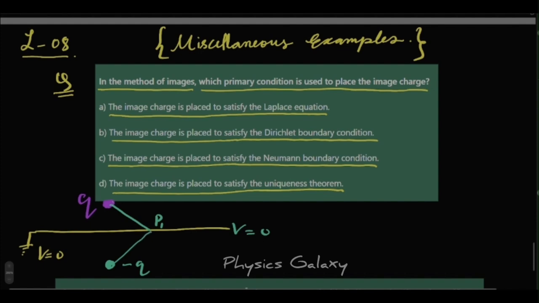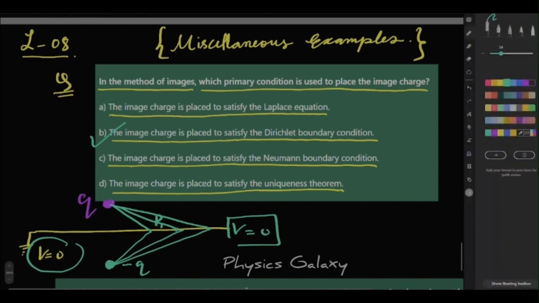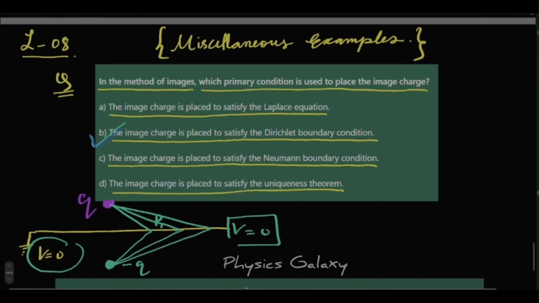We make sure that this point P1, or this point P2, or all points on this infinite grounded conducting sheet have potential 0. But what is this condition? This is the Dirichlet boundary condition. So option B, the image charge is placed to satisfy the Dirichlet boundary condition.